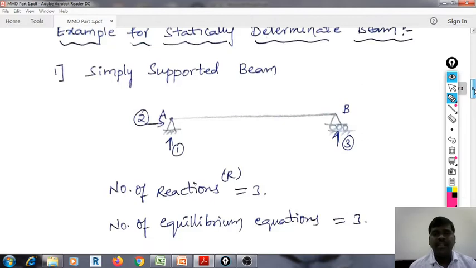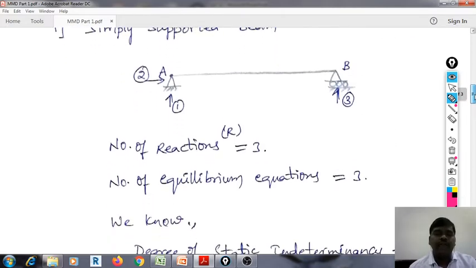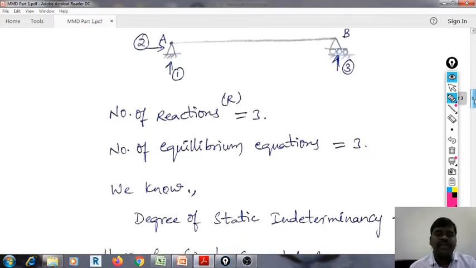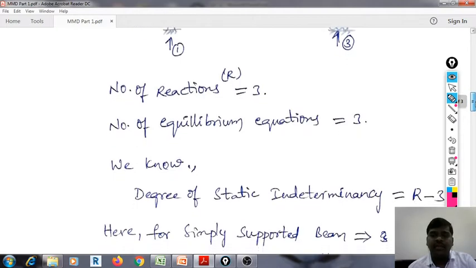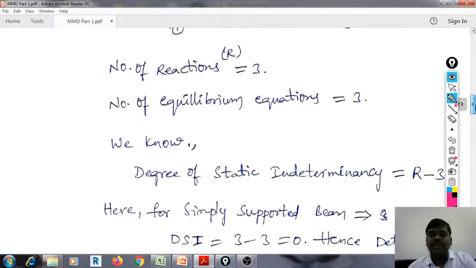How do we find whether the beam is determinate or indeterminate? We have a basic formula. The number of reactions is equal to 3, we know already. The number of equilibrium equations is equal to 3. The degree of static indeterminacy is equal to the number of reactions minus the number of equilibrium equations, that is R minus 3.